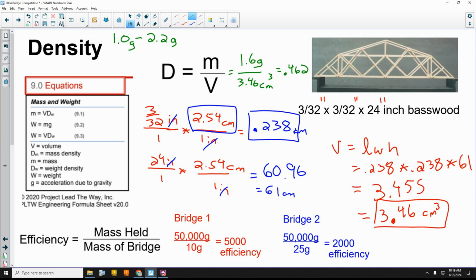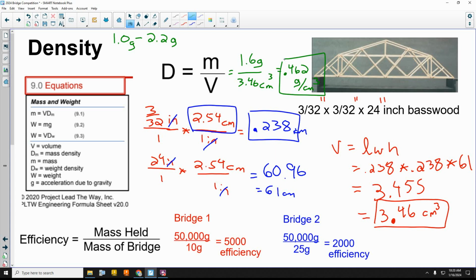And the units on that would be grams per centimeter cubed. So that's your average density of basswood.